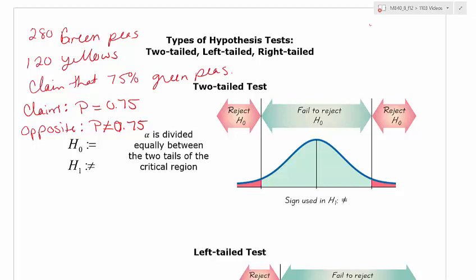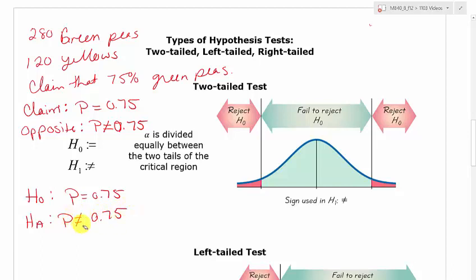Whenever you're writing out your claim, the one that contains the equal sign becomes your null. So in this case, H sub 0 would be p equals 0.75, and the alternative is that p is not equal to 0.75.